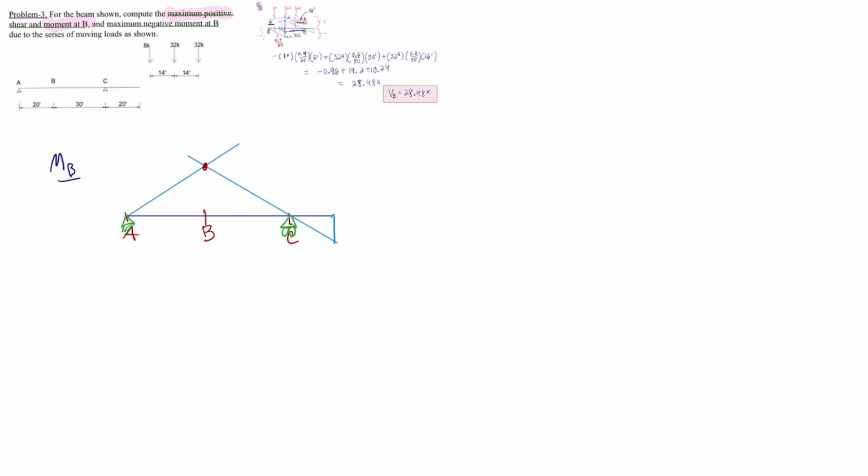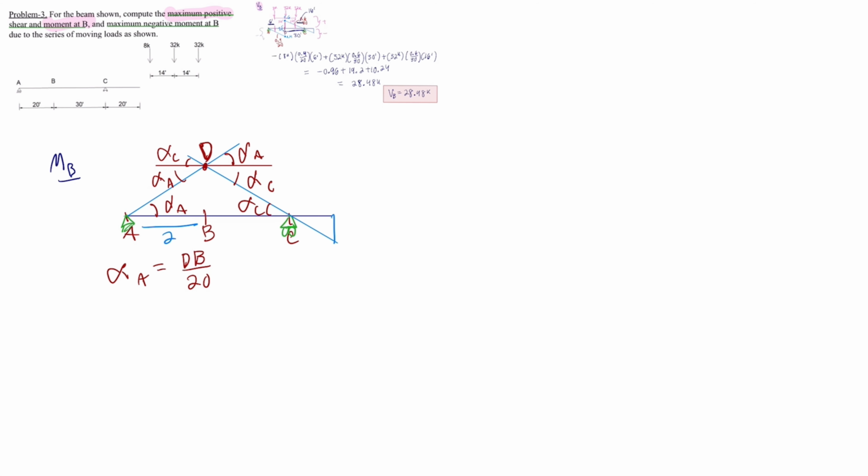To solve for this point, we have to use parallel lines and angles. We will call this angle A, angle C, and this would be angle C, and this would be angle A. And this is angle A, and this is angle C. We know that angle A is equal to, we can label this D, dB over 20, because this distance is 20.